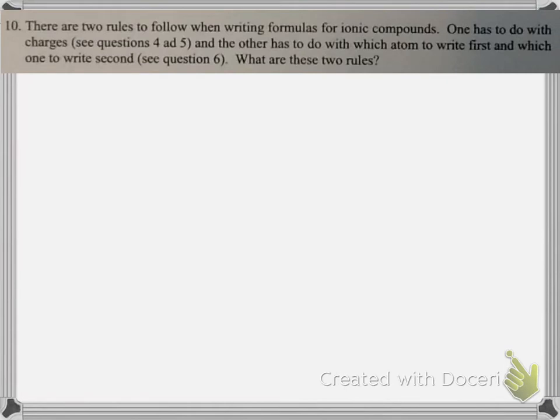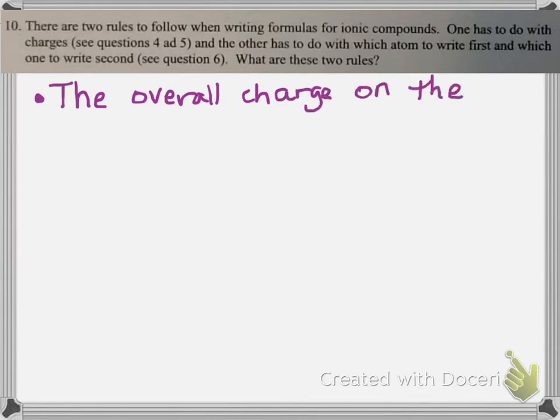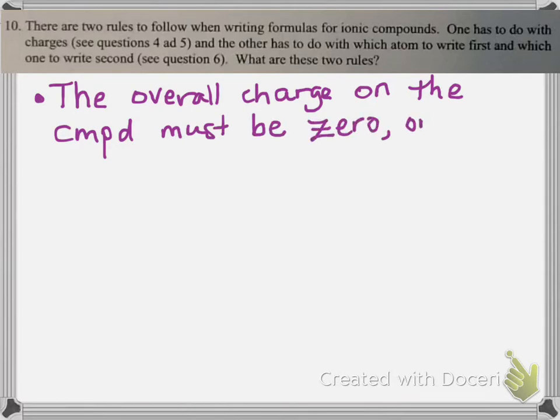So one of the rules is that the overall charge on the compound must be 0 or neutral. So again, this is this idea that our total positive charge has to equal our total negative charge.